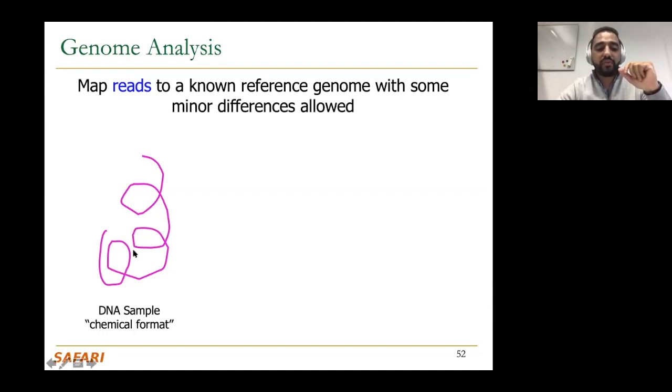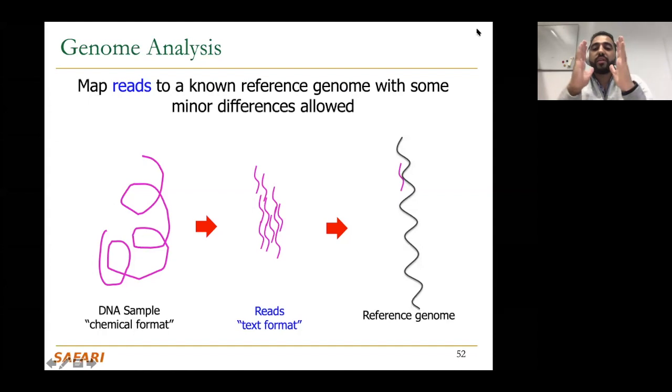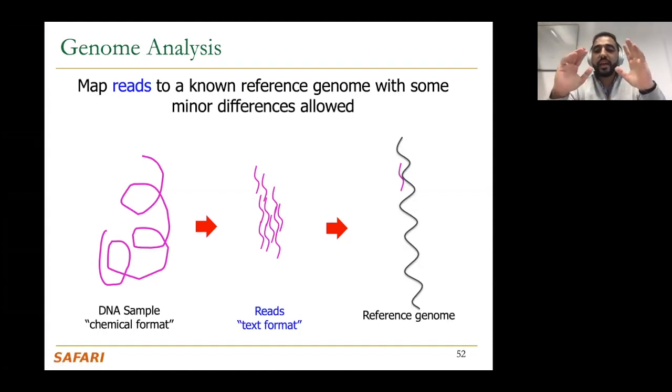So this is the chemical format of the DNA in the raw format, and then you send it to the company. The company gives you reads, or pieces of your DNA, and you have the reference genome. You start to compare every single subsequence from these reads with the reference genome and ask, does this piece match that portion?